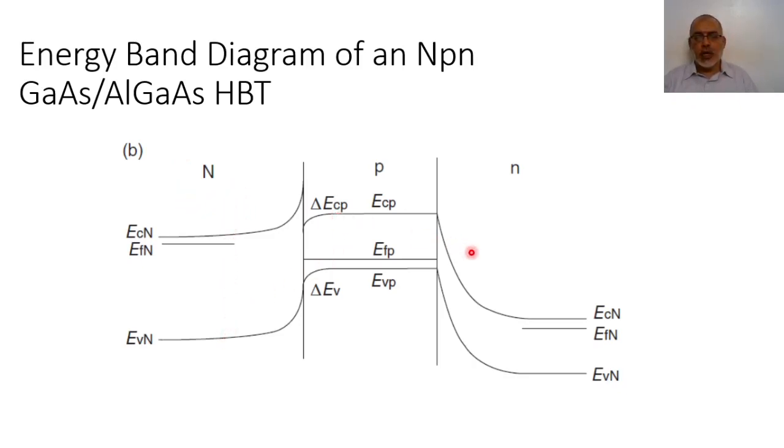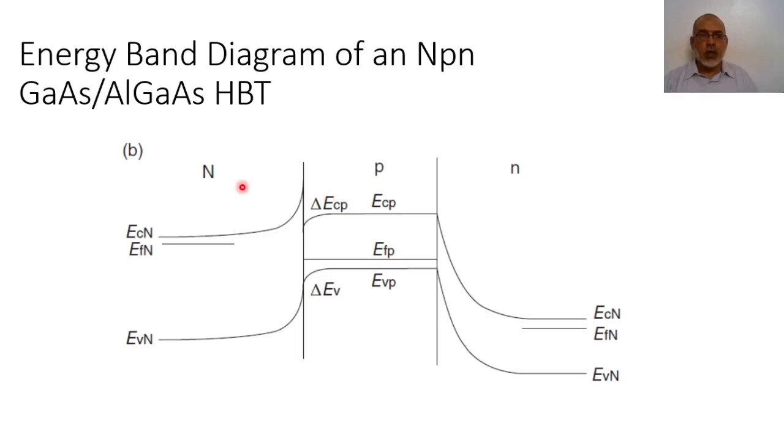Here the B and N are the semiconductors with small band gap, which correspond to the base and the collector. Here the current is flowing from the emitter to the base, from the base to the collector, and it cannot flow from the base to the emitter.